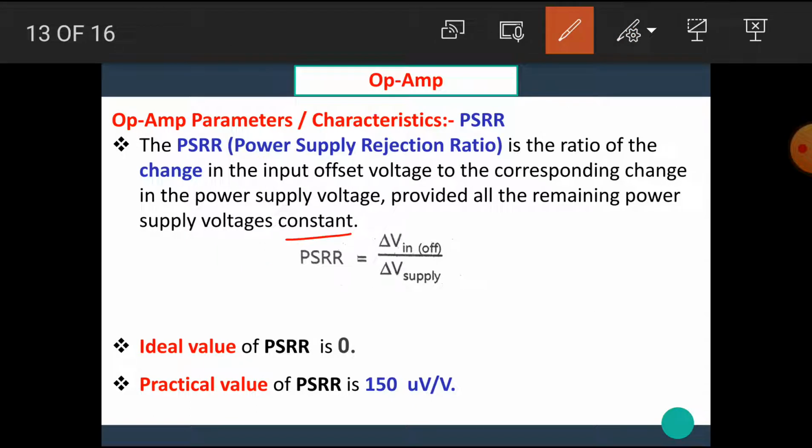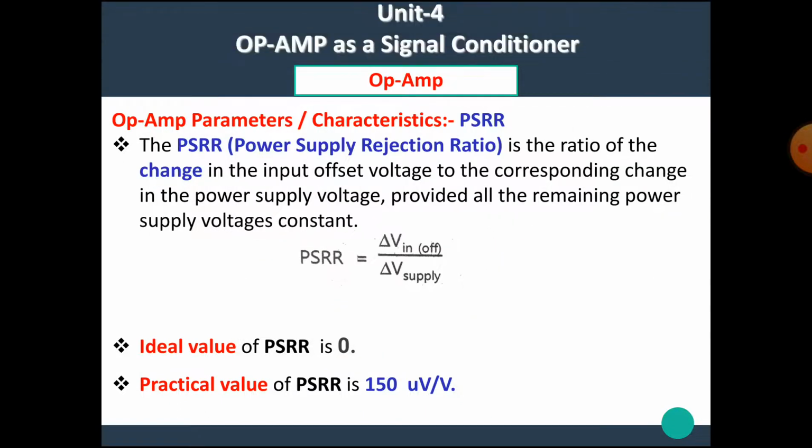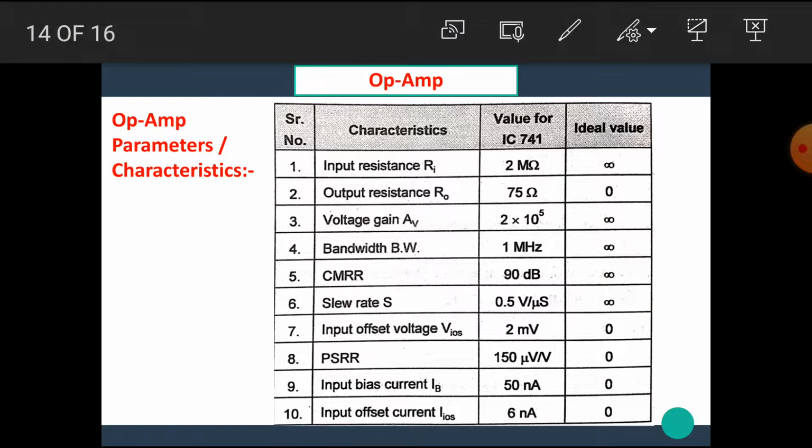That is, PSRR is the ratio of delta V_in upon delta V_supply. The ideal value of PSRR is 0, but the practical value is 150 microvolt per volt. Now let's see all the parameters in short.